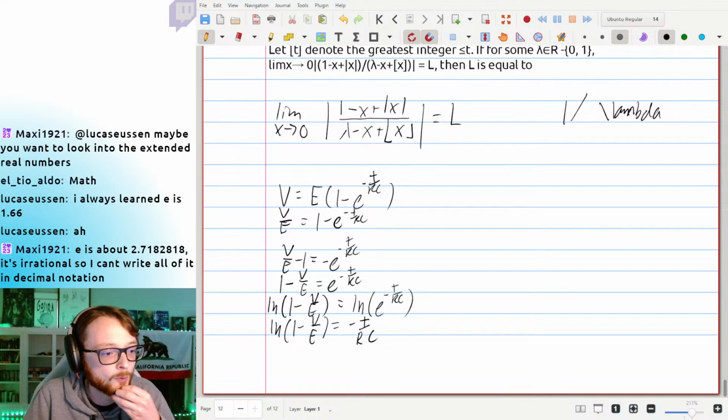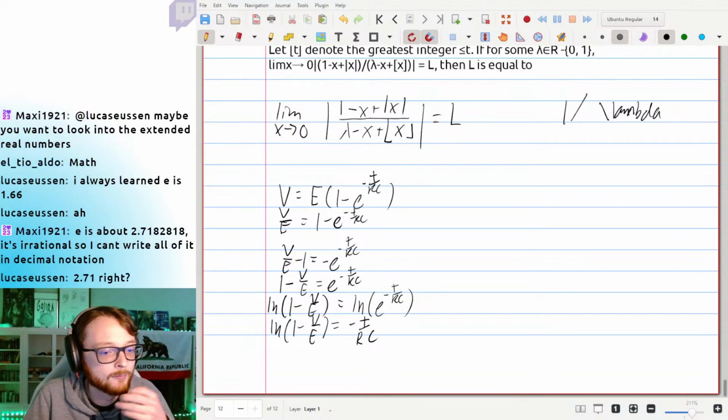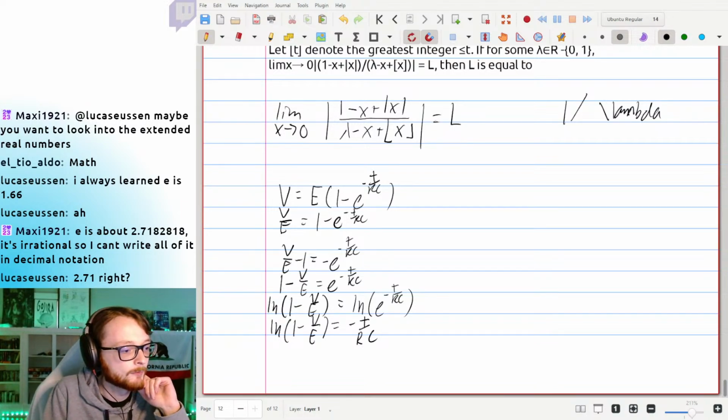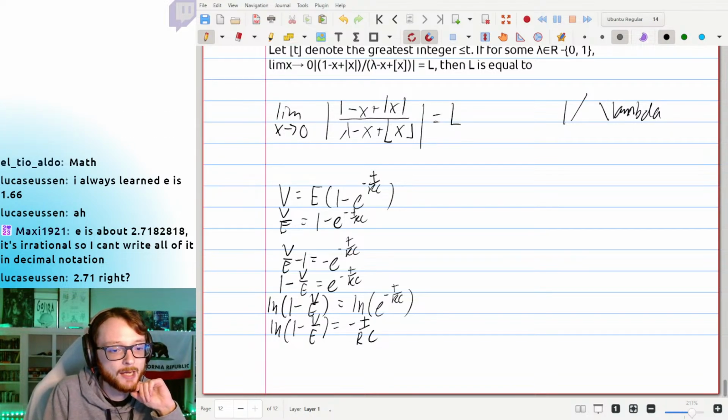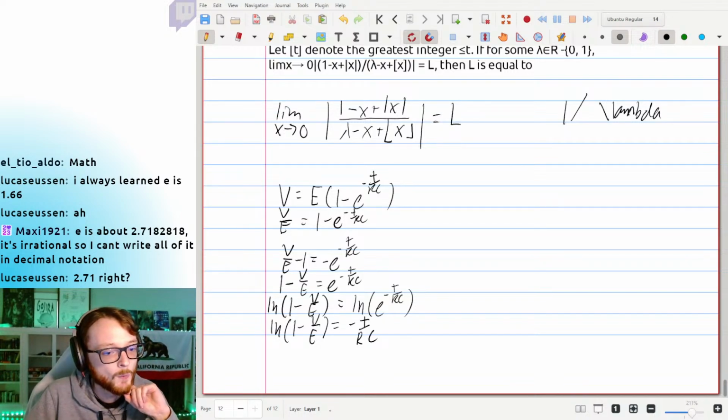Yeah, 2.771 as Maxi says. And so from here, you might know how to get whatever you want, T, R, or C. But yeah, that's how you deal with using logs to solve for T or RC.